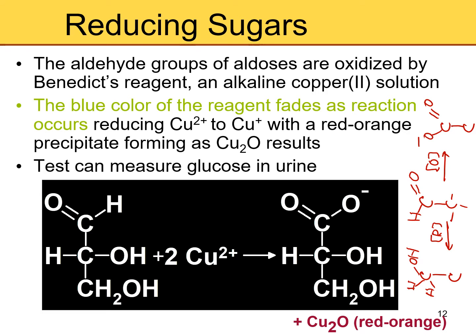CH2OH, like primary alcohol. So primary alcohols can get oxidized. So you can say primary alcohols can get oxidized to aldehyde, and they can get oxidized to carboxylic acids, right?